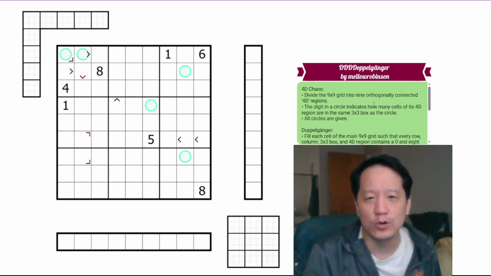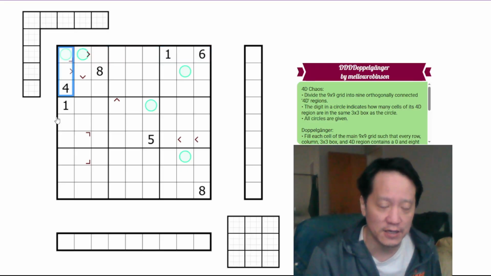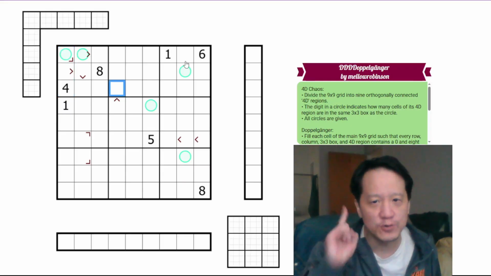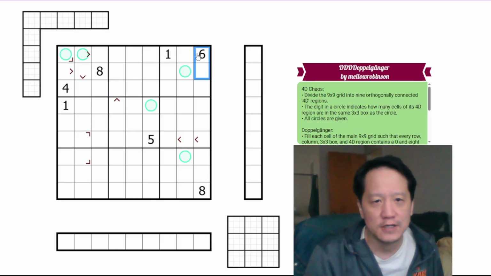We have 4D chaos, where we need to divide the 9x9 grid into 9 orthogonally connected 4D regions. So first of all, let's define what is an orthogonally connected region. An example of an orthogonally connected region would be something like this.